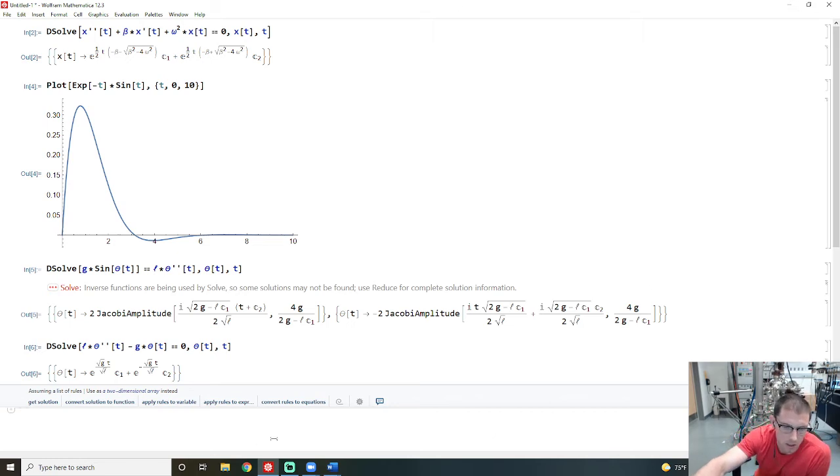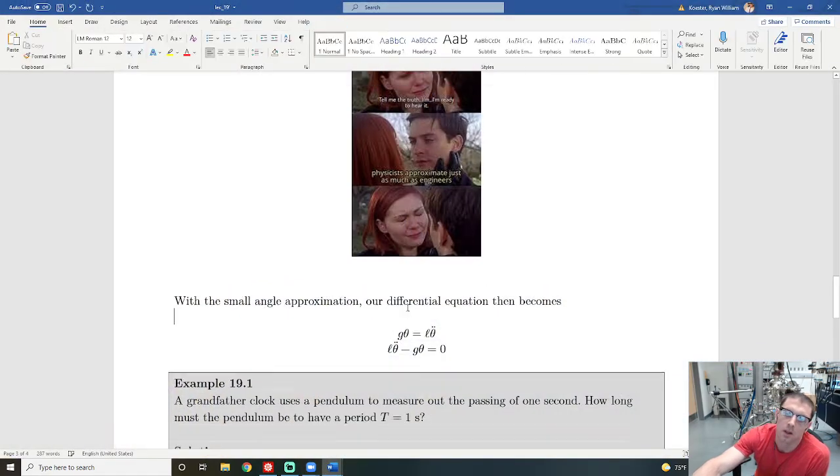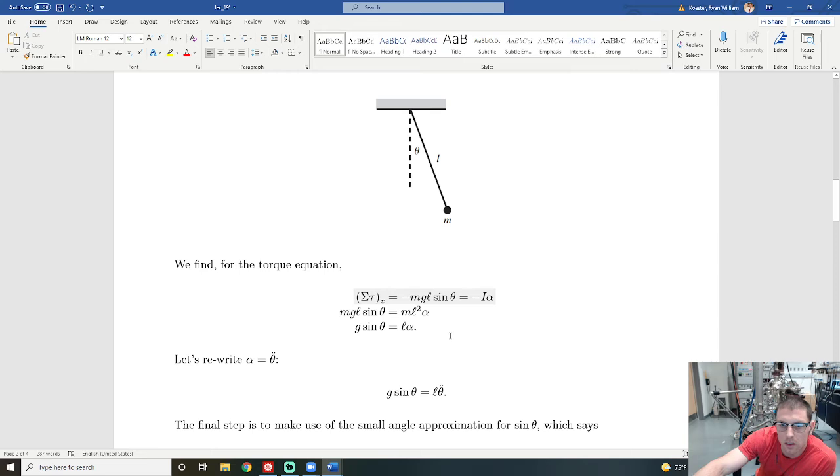We should be getting a sine cosine deal. Okay, so then I think what I need to do is get rid of this negative sign.